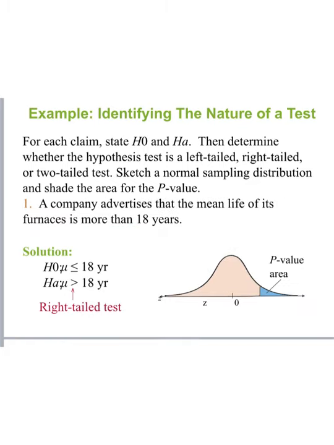Right, and the third, a company advertises that the mean life of its furnaces is more than 18 years. And by looking at the alternative hypothesis, we see it's going to be a right tail test. And this Z that traps this p-value, this area to the right, because it's a right tail test, is the test statistic value. And we determined it using the formula.